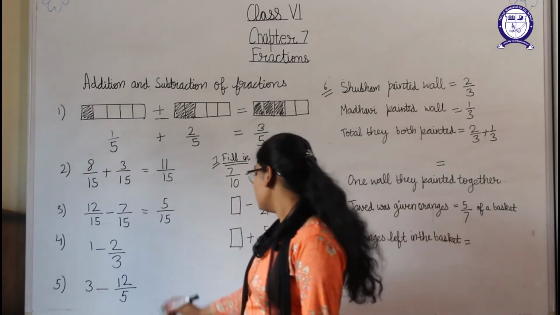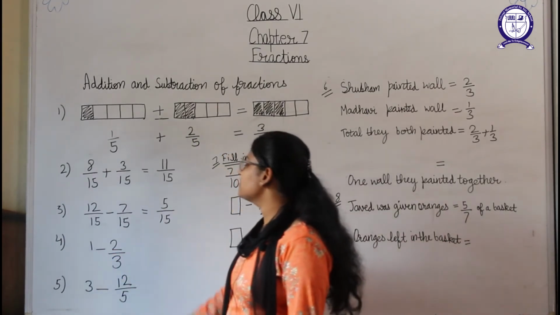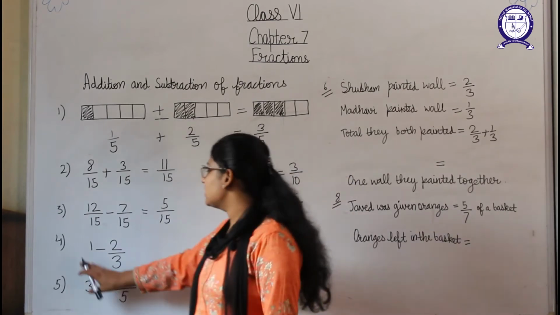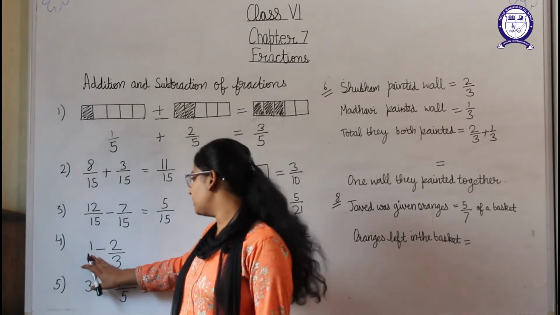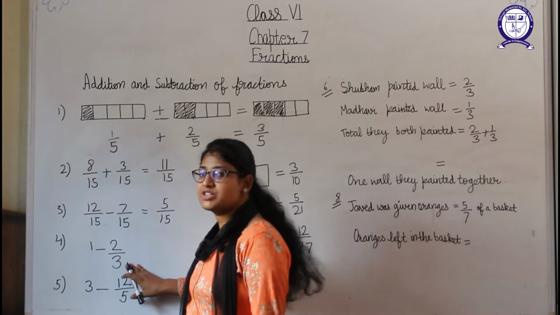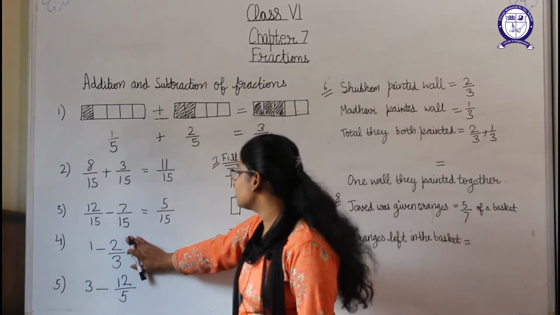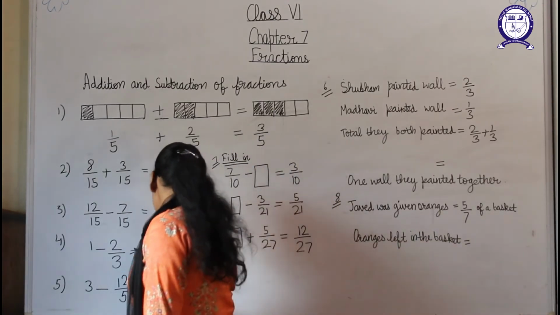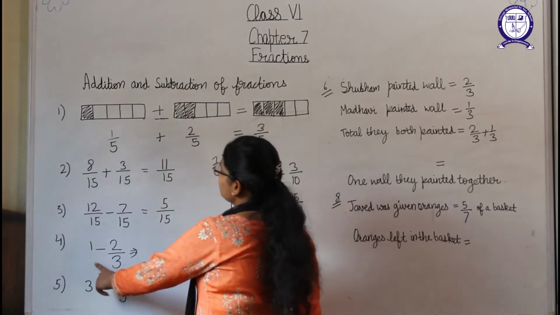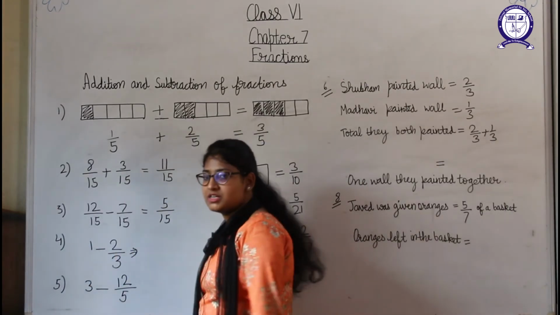Okay, now here 1 minus 2 by 3 is given to us. If we see, 1 is an integer, a whole number, and 2 by 3 is a fraction. So in this type of question, first of all we will write this 1 in the form where the denominator will be 3.